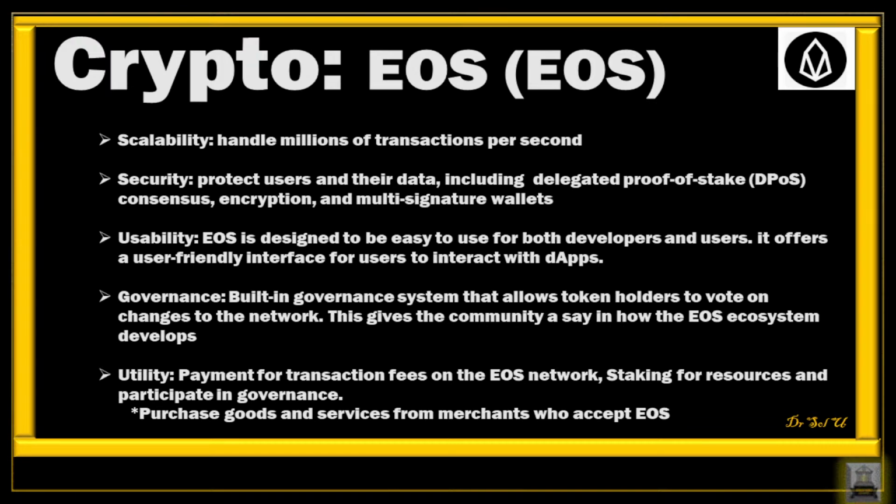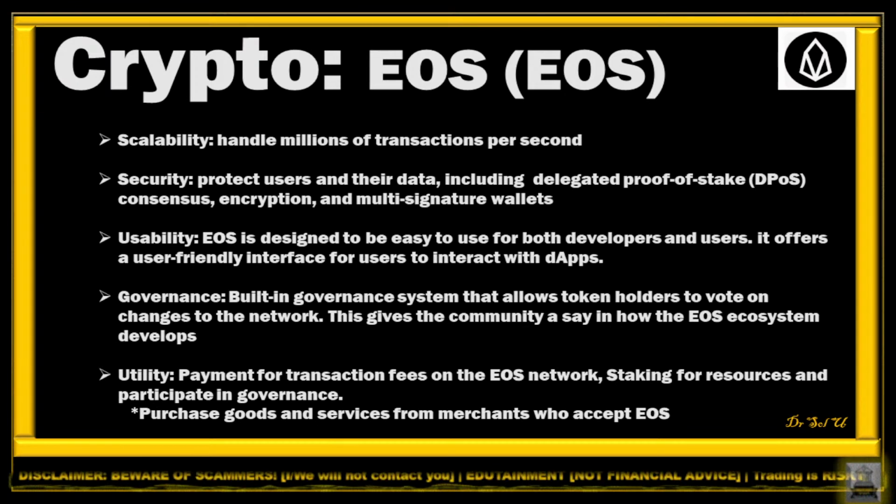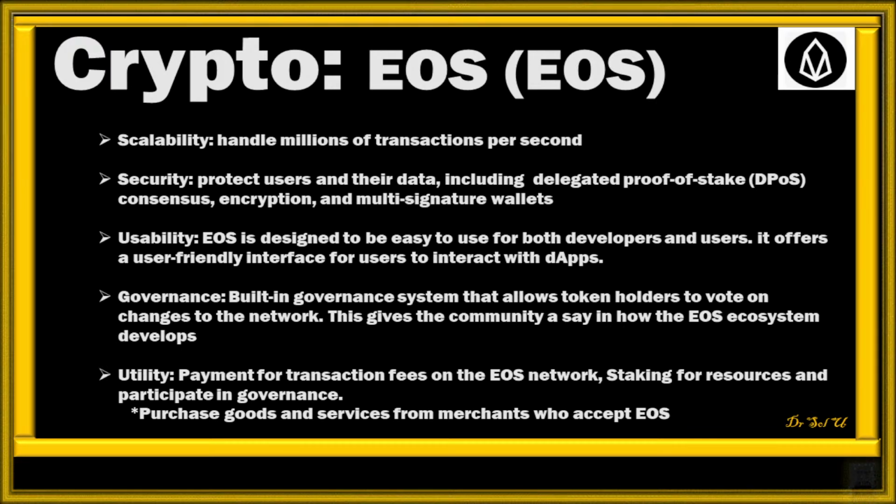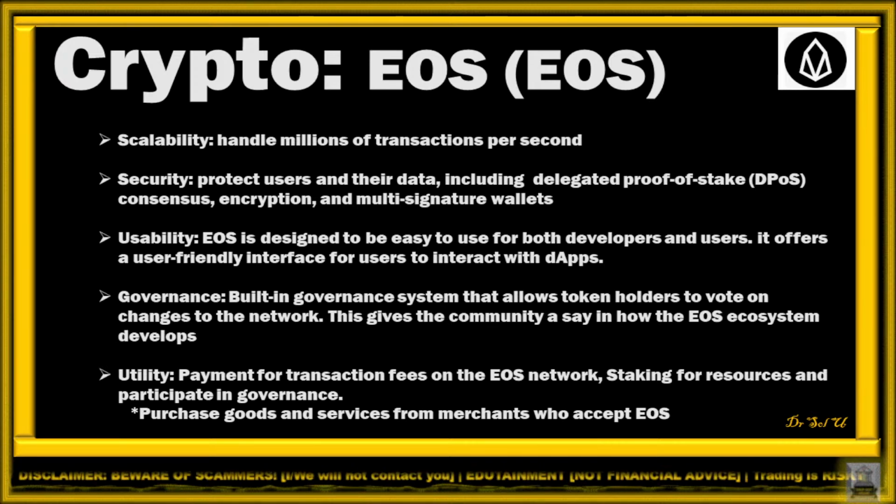Now it is secure. It protects users and their data, including delegated proof of stake. A unique one, which is actually the DPoS consensus. That is what it uses in validation. It is encrypted and it also uses multi-signature wallets. There are a lot of use cases in usability of EOS. It is designed to ease the use for both developers and users.